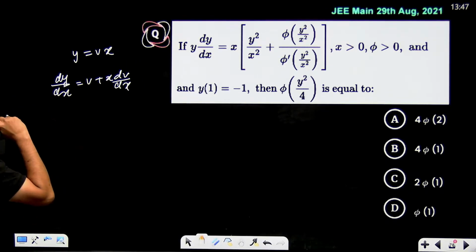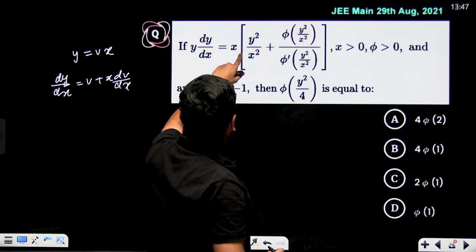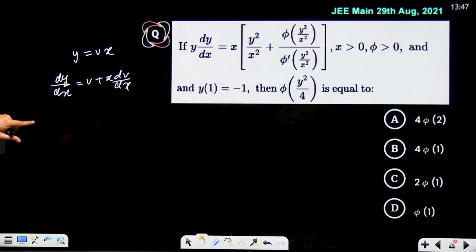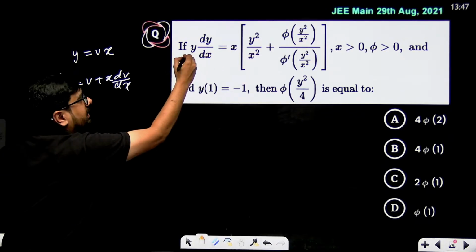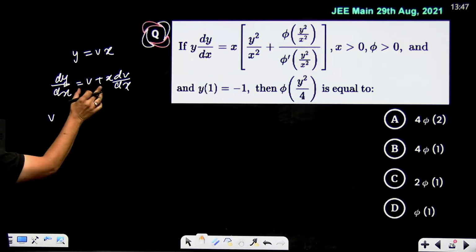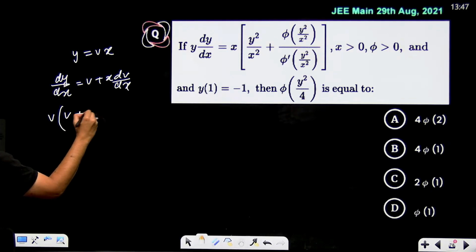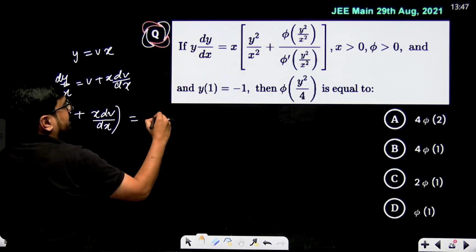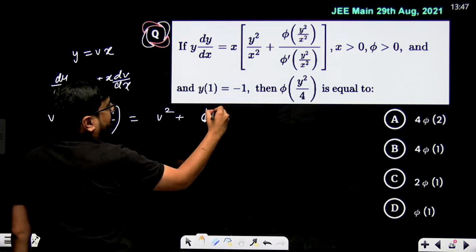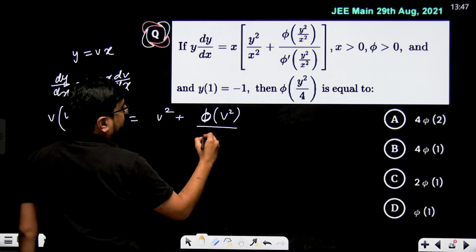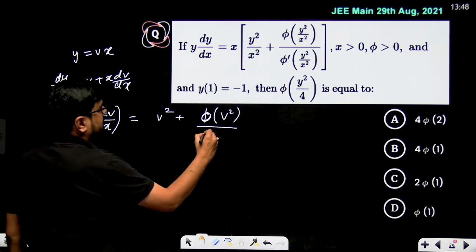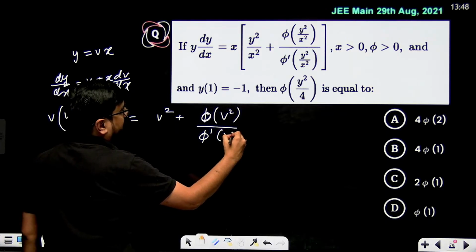Then bring this x over here, y by x into dy by dx will become v into dy by dx, which is v into v plus x dv by dx, equal to, this x has already come this side, v square plus phi of v square divided by phi dash, it is f dash, the derivative of the function given there. So phi dash of v square again, right?